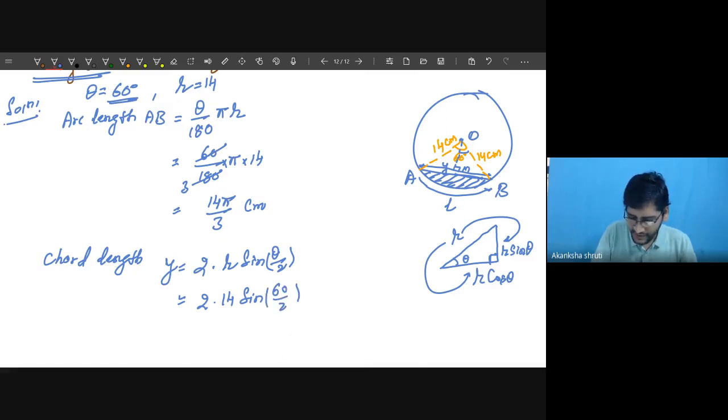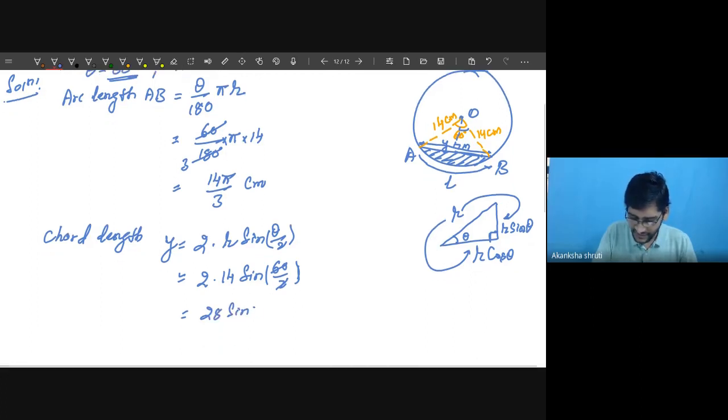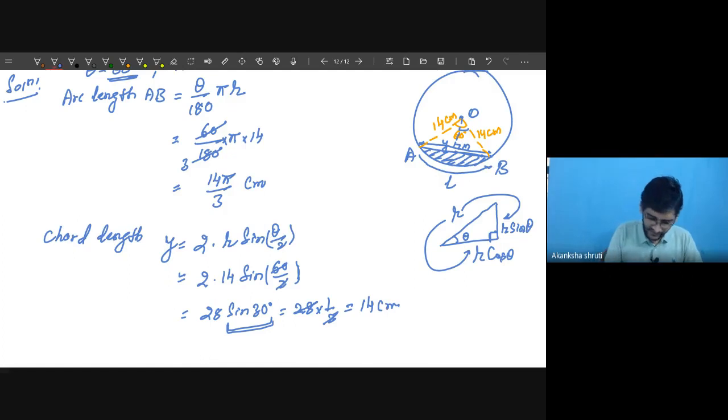Student, it is important: these two can be cancelled with this 60 only, not with the 14 or the 2. So it is 28 sine of 30 degree. Substitute the value of sine of 30 degree from the standard table: sine 30 is 1 by 2. So it becomes 14 centimeter.